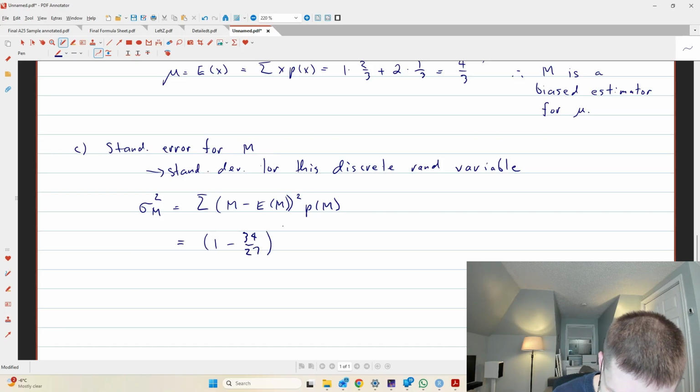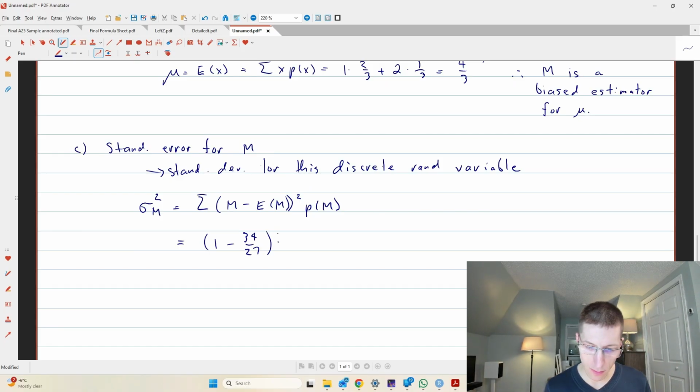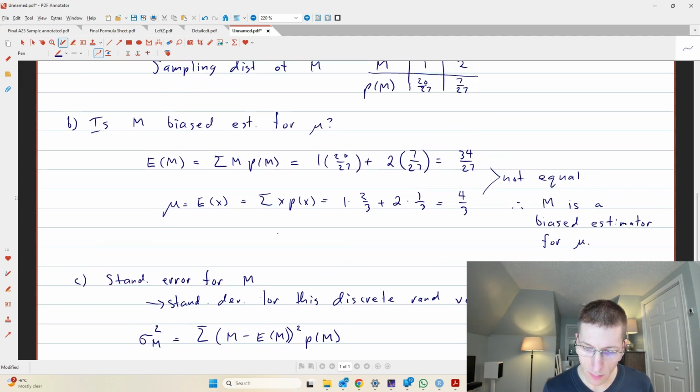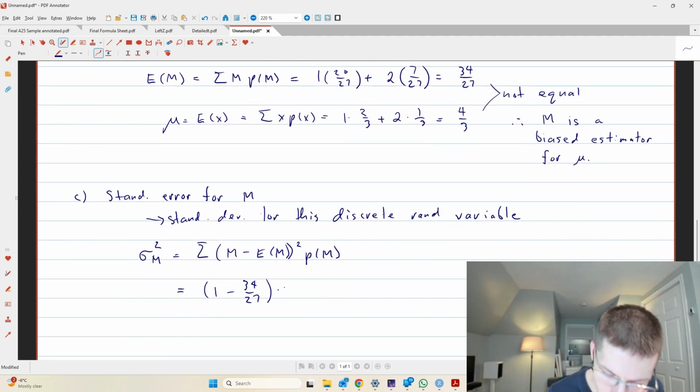The probability for m equals 1 from our little table is 20 over 27. Oops, I forgot the square.